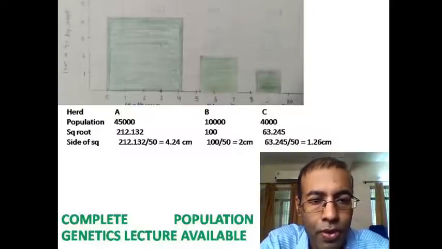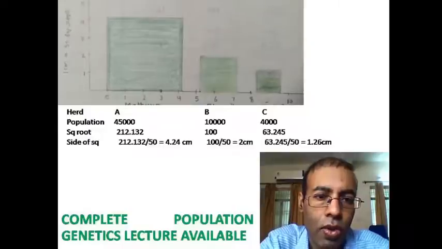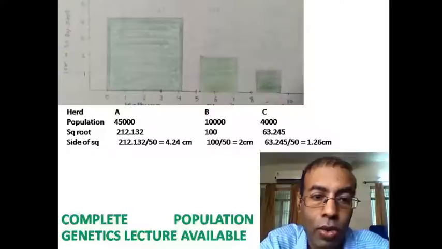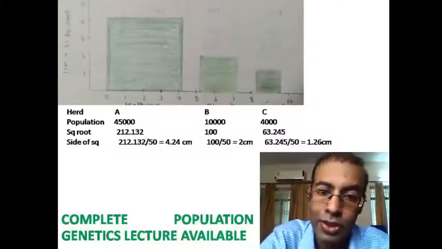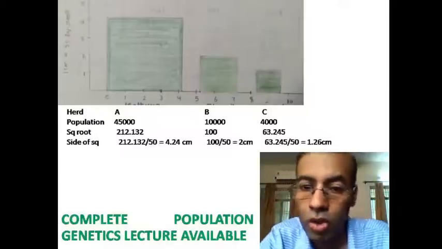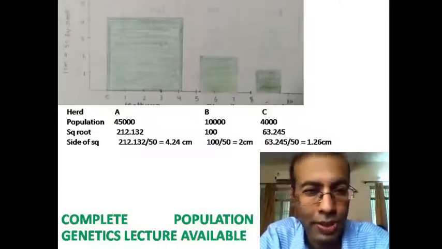Now, for making a square diagram, first we will take the square root of the population size. The square root of 45,000 is around 212, the square root of 10,000 is 100, and the square root of 4,000 is around 63.